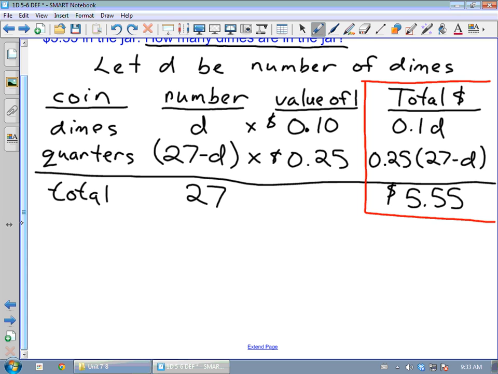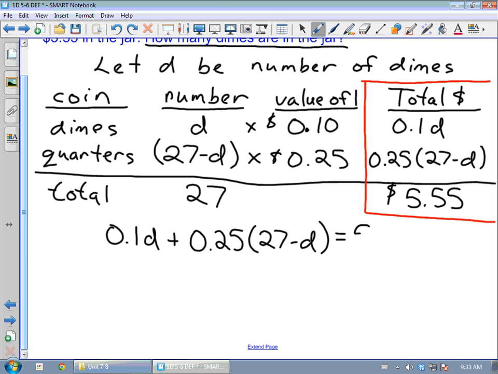So that's going to be the equation that we need to solve: 0.1 D plus 0.25 times 27 minus D equals 5.55. And now we need to solve.